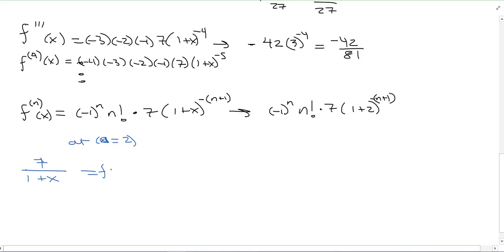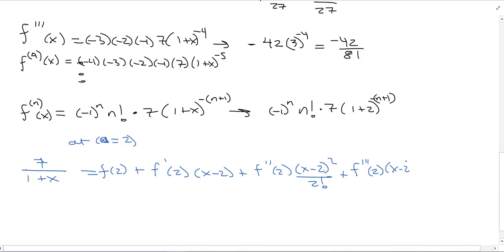It'll be f of 2 plus f prime of 2 times x minus 2, plus f double prime of 2 times x minus 2 squared over 2 factorial, plus third derivative evaluated at 2, x minus 2 cubed over 3 factorial, plus the fourth derivative.